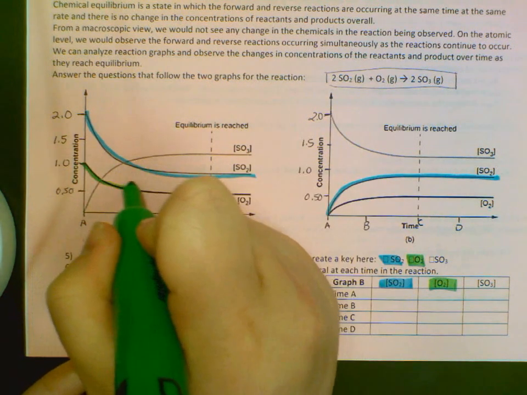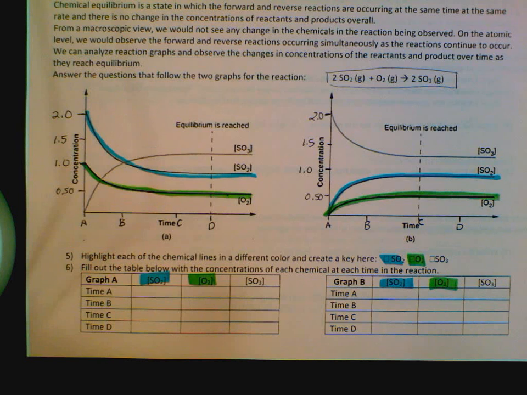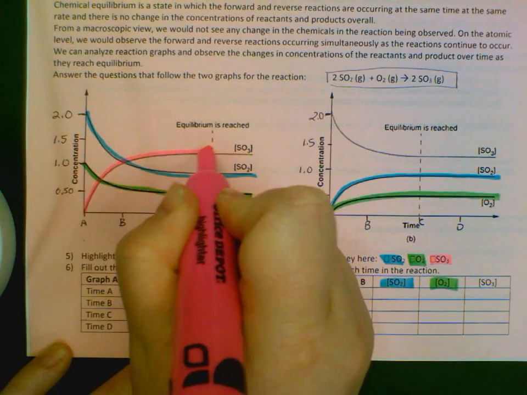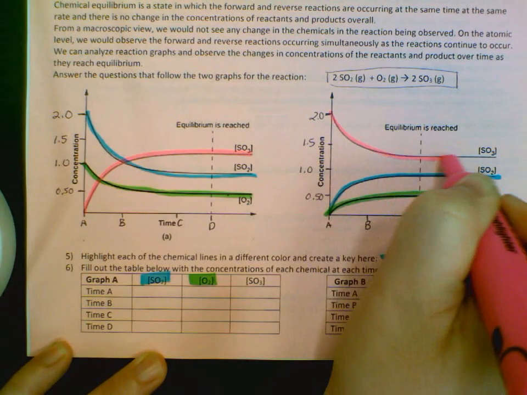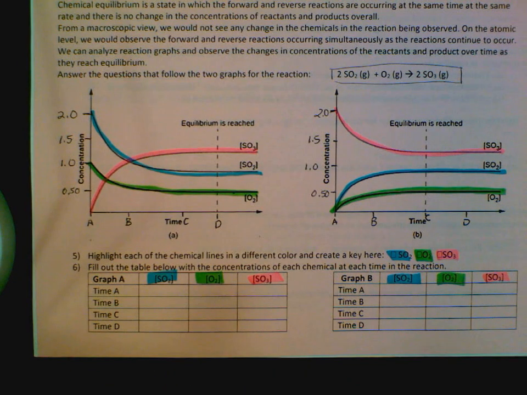All my oxygen lines. And we'll do pink. Why not? So pink for our SO3. All right, so now it's going to be easier to match things up because we've got a lot of chemicals going on here.